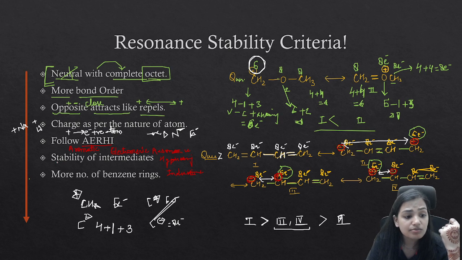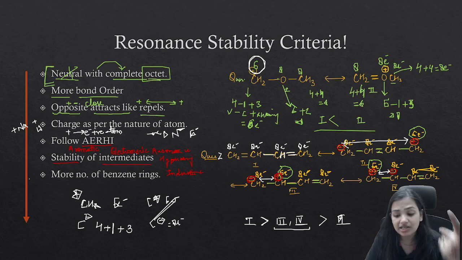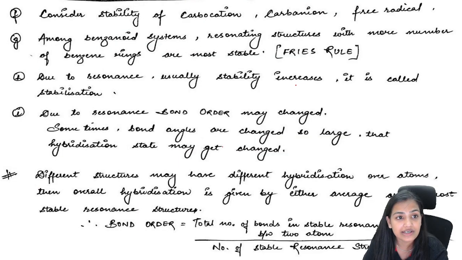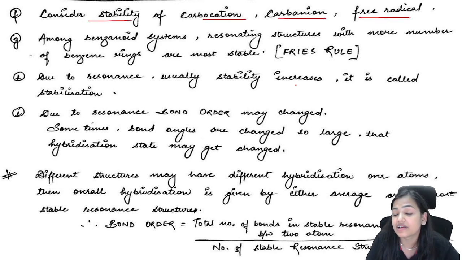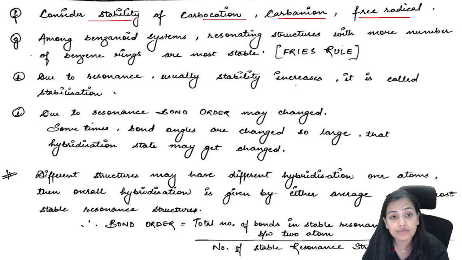But if you come to the next point, that is the stability of intermediates. You know what intermediates are? Intermediates are carbocations, carbanions and radicals. So we have to consider the stability of the carbocation, carbanion and the free radicals. If we obey the stability of the reaction intermediates, then we will be able to solve the question.